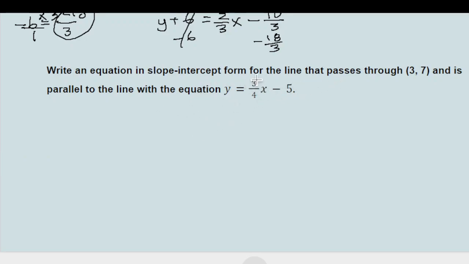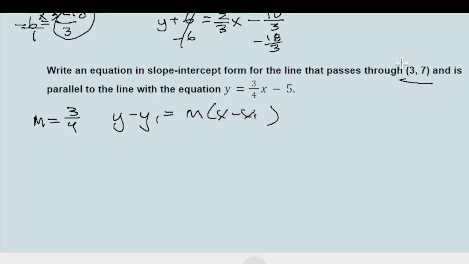So if the slope is 3/4 here, my slope for my line is also going to be 3/4, and it goes through this point. Let's use y minus y1 equals m times x minus x1, where this is my x1, y1. So it'll be y minus 7 equals 3/4 times the quantity x minus 3.